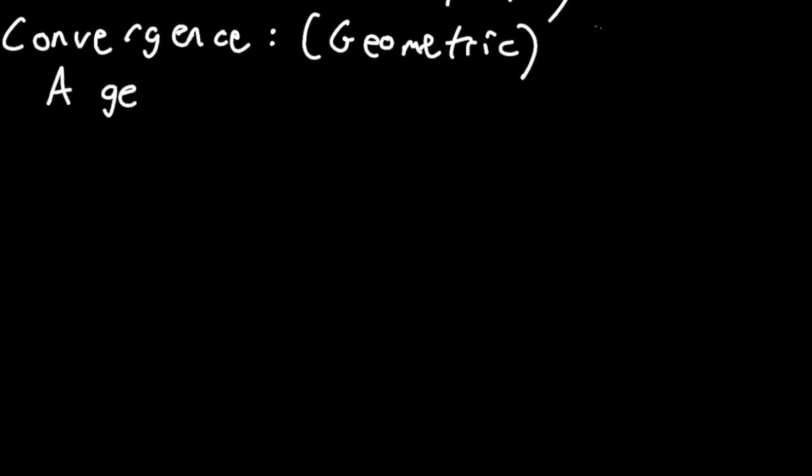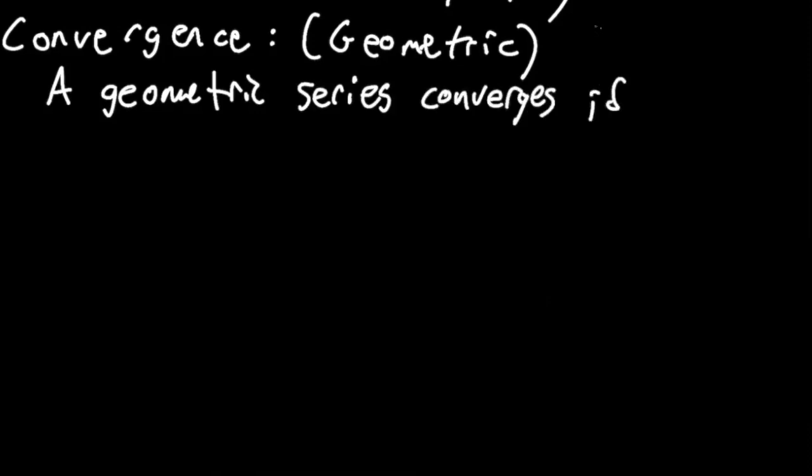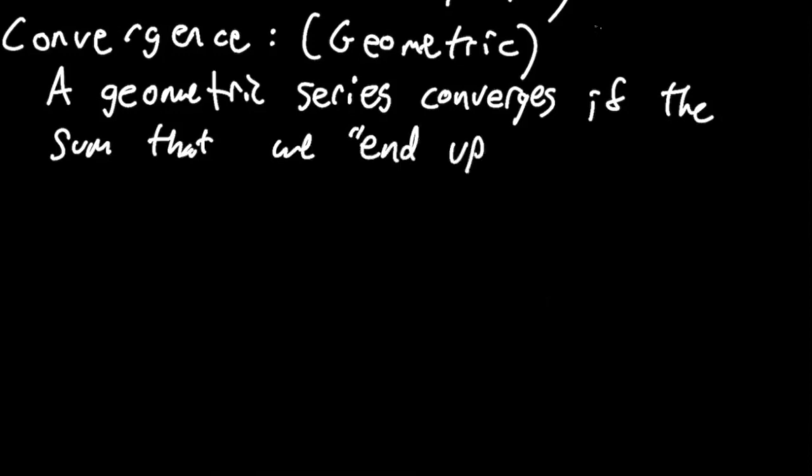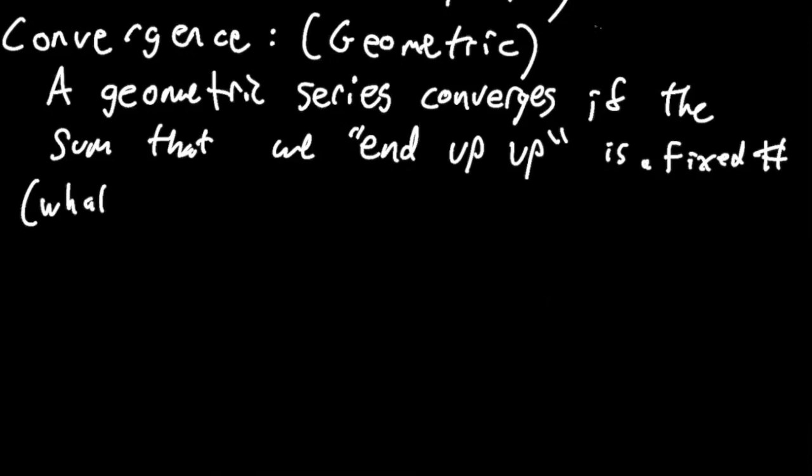So a geometric series converges if the sum that we end up with, as we keep on adding all these term values, is a fixed number. So what this means is that what we're adding as we get to large term values gets very, very small and basically becomes 0.